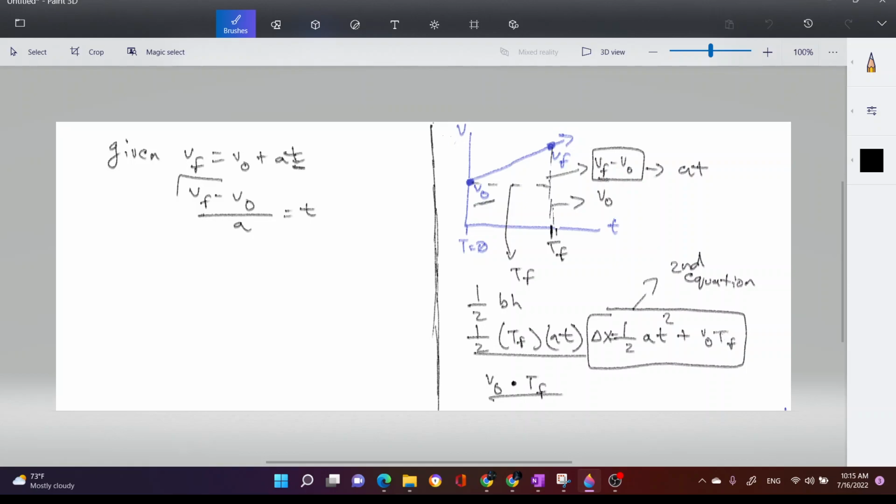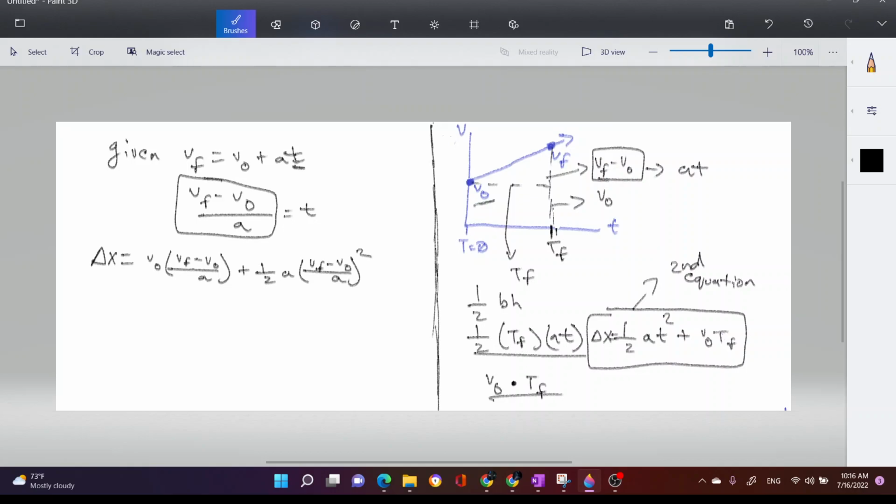And now that we have this t value in terms of VF, V naught, and A, we can plug that into our second equation, which we got over here, 1/2 AT squared plus V naught times TF. So when we do that, we get delta X is equal to V naught times (VF minus V naught) all over A, plus 1/2 A times (VF minus V naught all over A) squared.